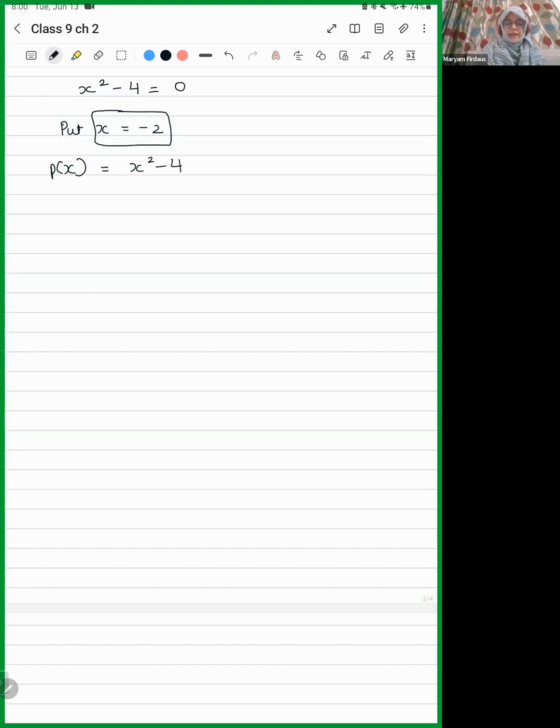If I want to put minus 2 in place of x, it will become p of minus 2. Wherever I have x, I have to put minus 2. So that means minus 2 squared minus 4, which is 4 minus 4 is equal to 0.